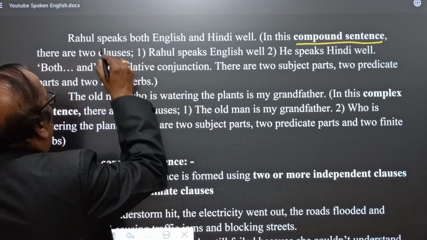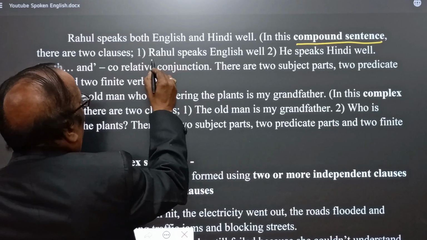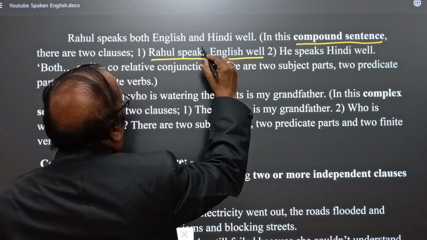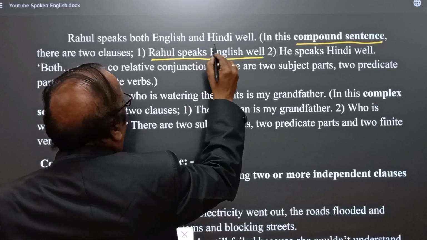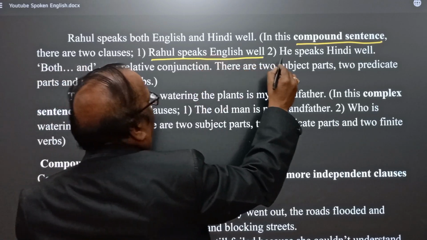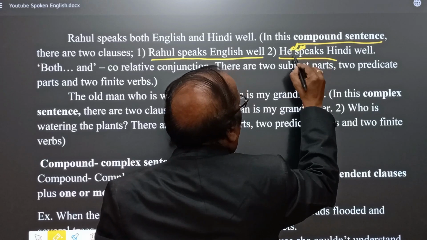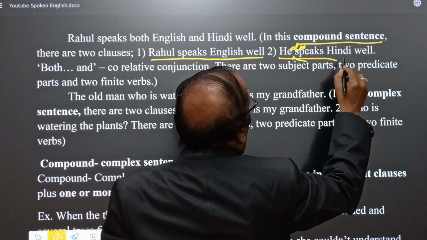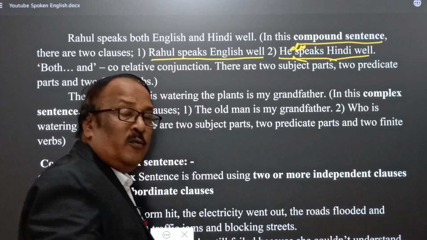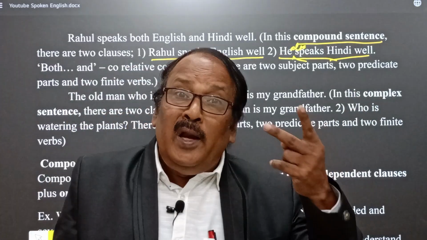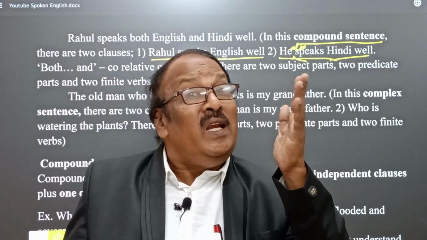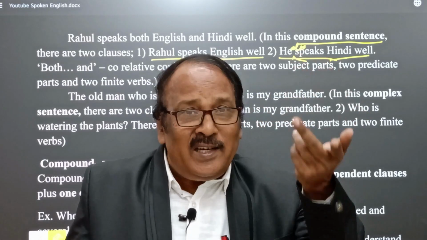Here we find Rahul speaks English well. This is one clause, and the other, he also speaks Hindi well. These are 2 independent clauses, simple sentences.